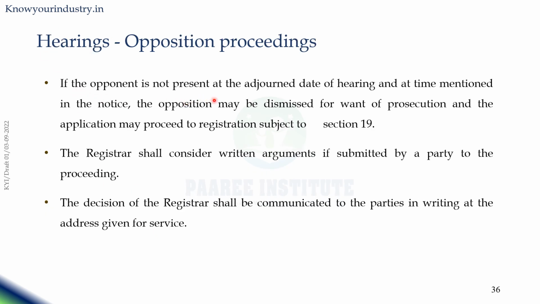If the opponent is not present at the adjourned date of hearing and at the time mentioned in the notice, the opposition may be dismissed for want of prosecution and the application may proceed to registration. The registrar shall consider written arguments if submitted by a party to the proceeding. The decision of the registrar shall be communicated to the parties in writing at the address given for service.